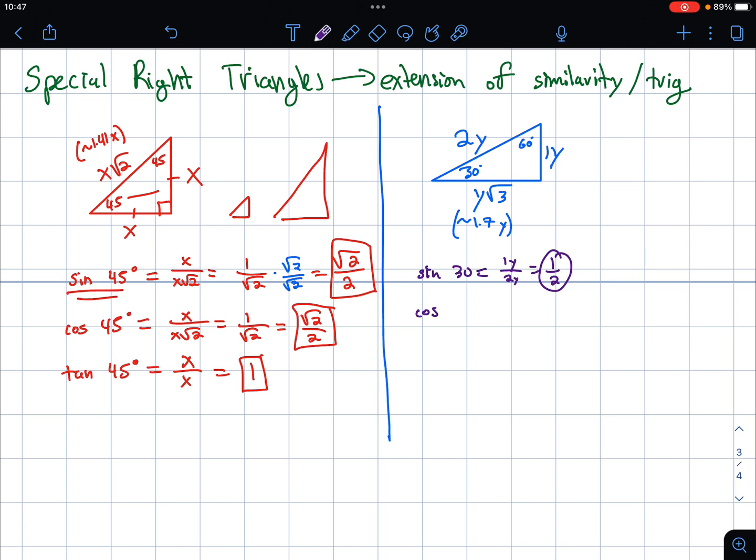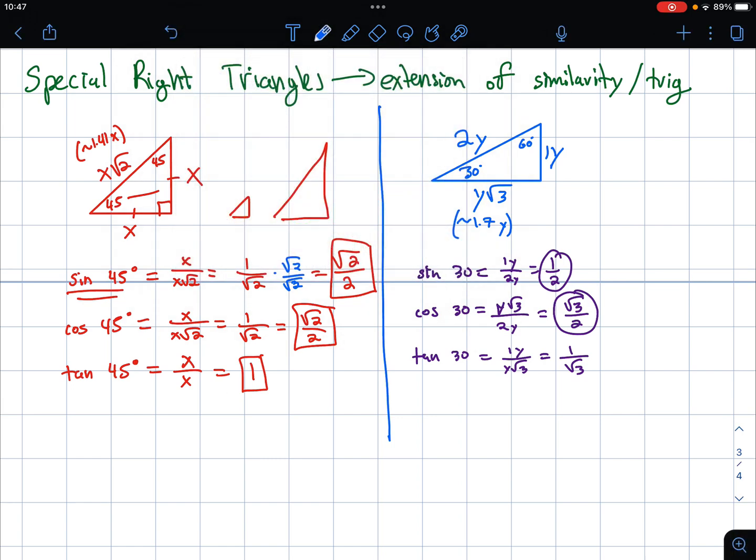We could say that cosine of 30 is equal to y square root 3, the adjacent, over the hypotenuse, 2y, which is just square root 3 over 2. And we could say that tangent of 30 degrees is equal to 1y over y root 3, which is 1 over root 3.